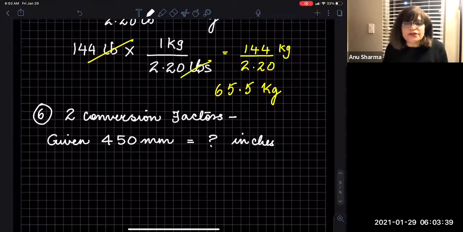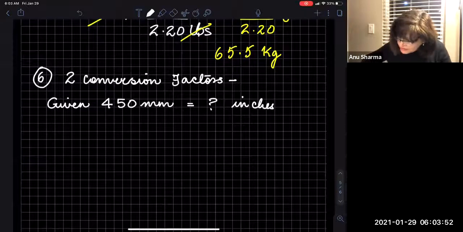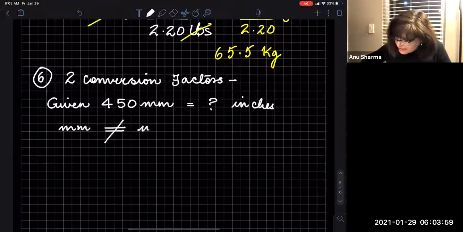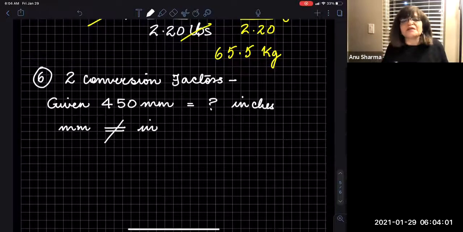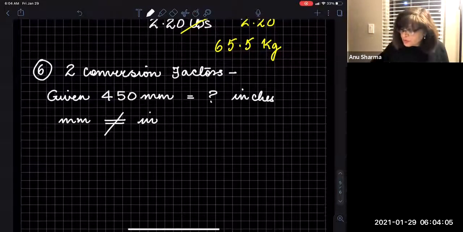Now here, let us say you are given a length of a baby, 450 millimeters, and we want to convert it into inches. There is no direct conversion between millimeters and inches, and you can check this in the tables that are given to you in the handout or online.